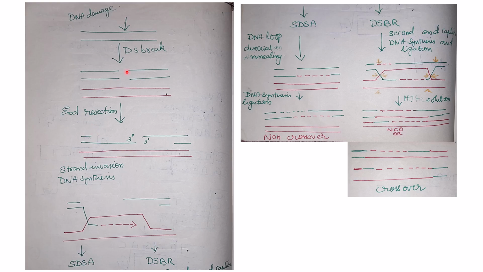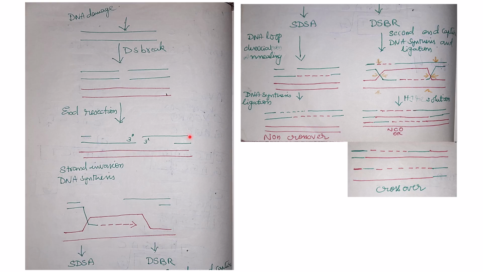After the break, you can see one 5' end over here, and the 3' end over here. This 5' end will be degraded off, and you will get a structure like this with a 3' overhang. Similarly, this region of the second strand will be degraded off, leaving a 3' overhang over here.